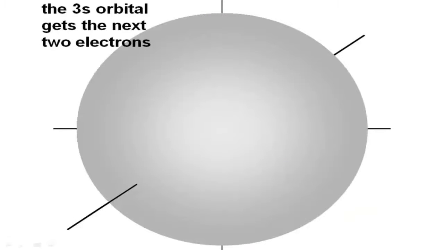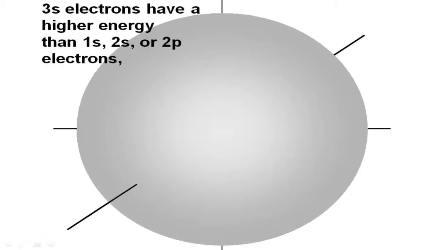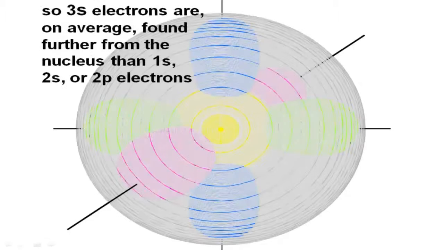So 3s has electrons that have higher energy than any of those other orbitals we looked at, and so the electron on average is further from the nucleus than the others, and it is larger than 1s, 2s, or 2p orbitals and surrounds them. So we can see the other orbitals still exist inside the 3s orbital, and the 3s orbital with sodium is now able to start getting electrons.